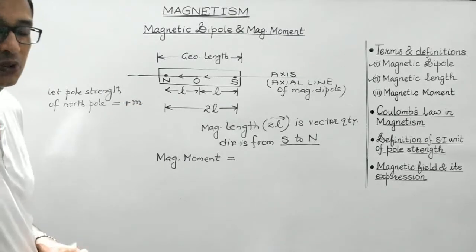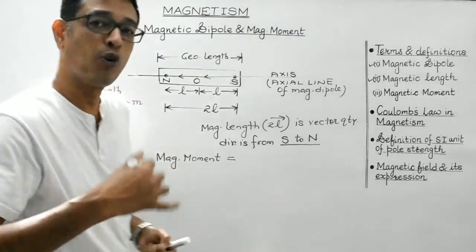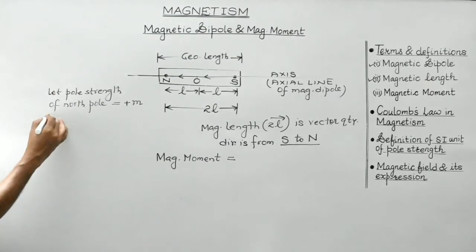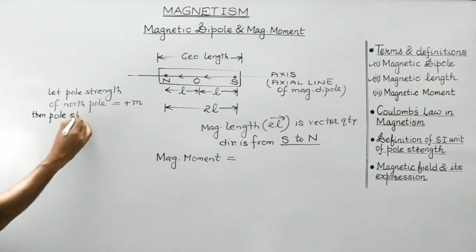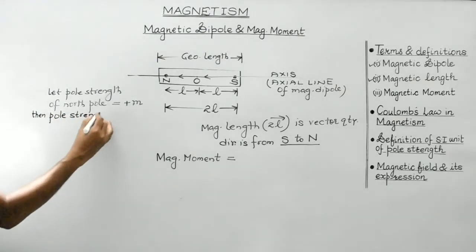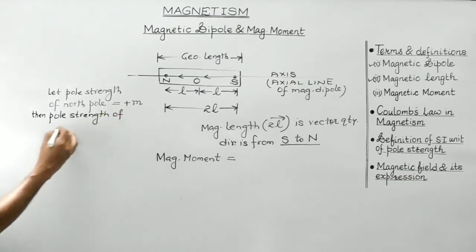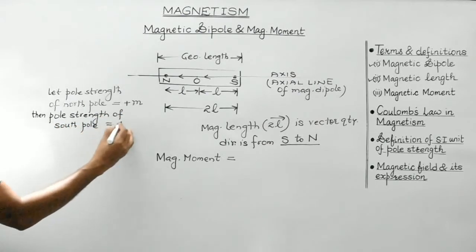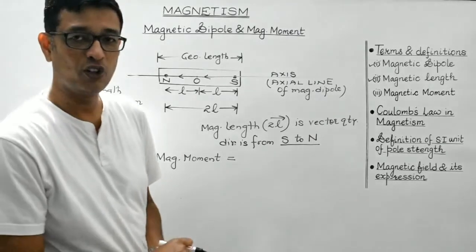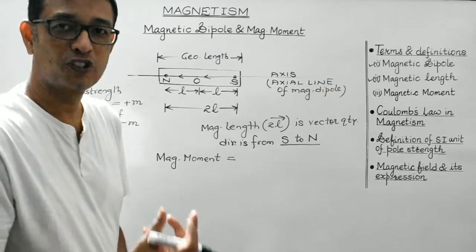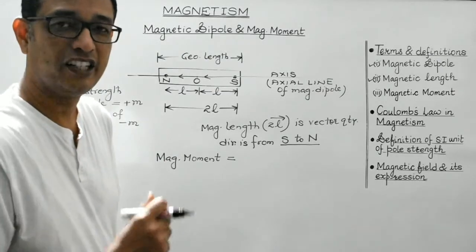Right? Plus m, small m, denotes the pole strength. Let us assume it. Then the pole strength of the south pole must be indicated by minus m. So, both the poles, south and north, are of equal pole strength, but of different nature.